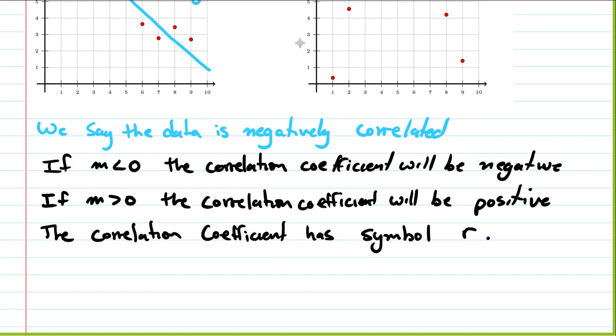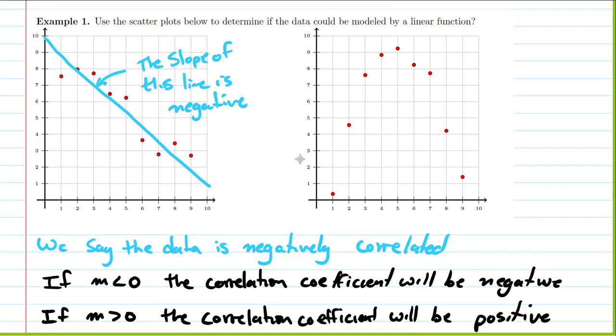But it's really just a distance from something else that's being normalized. All right, so in this one, we would say that the slope of this line is negative, so our data is negatively correlated, and I would say yes, this is a good prospect for a linear model. Our data, while not perfect, does appear to be linear as we move from left to right.